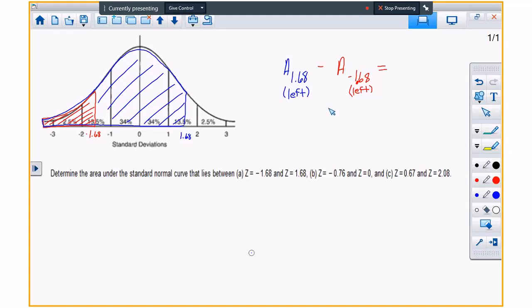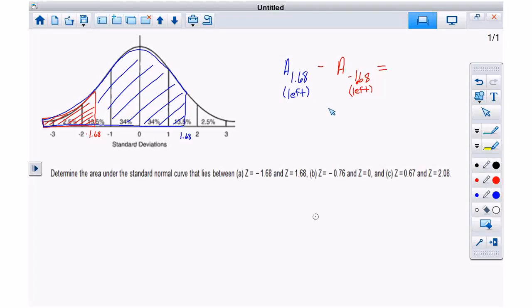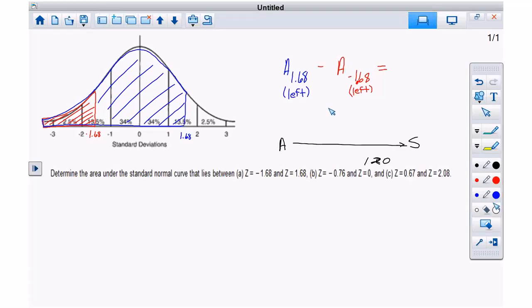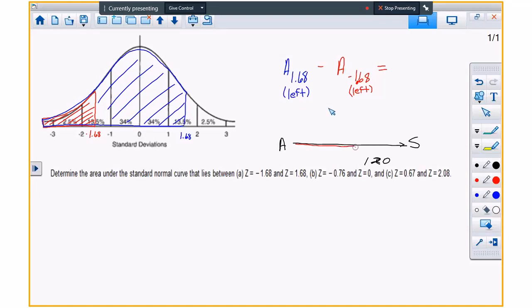It's kind of like, if you know the distance from Anderson to Spartanburg is 120 miles, let's say 120 for math purposes. And you know the distance from Anderson to Greenville is 20 miles.